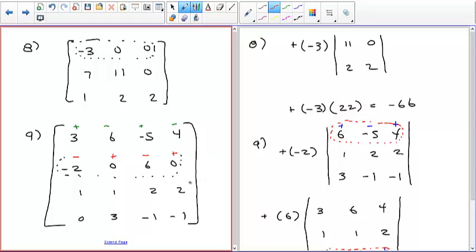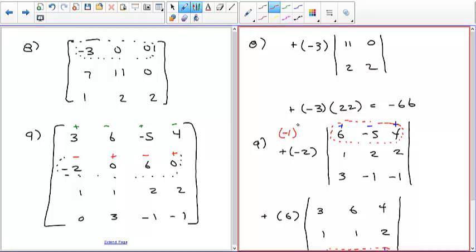That's why I was getting the sign wrong. So this, for example, this negative 2 is second row, first column. So you take negative 1 to the third power, which, because it's an odd power, is going to be negative 1. And the same thing's true here, number 6.